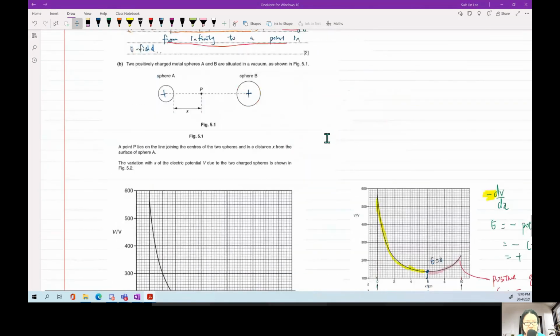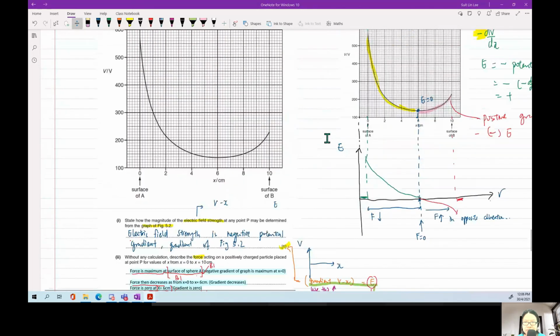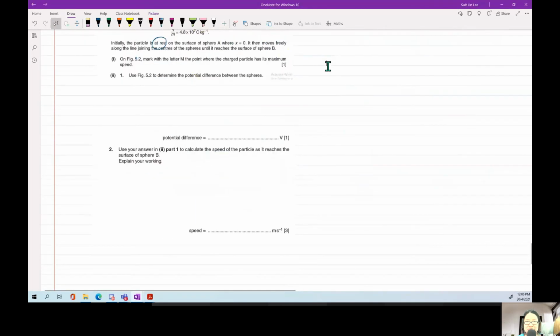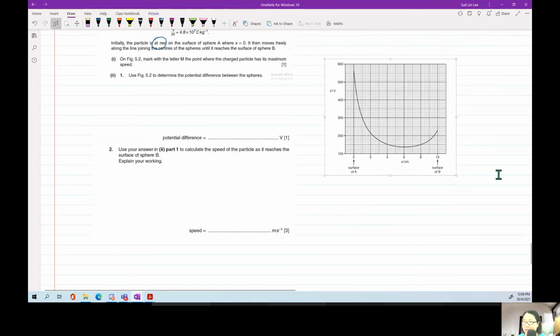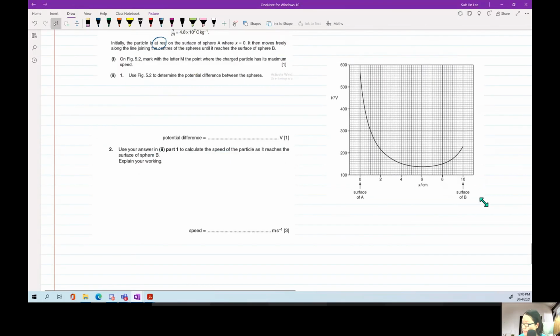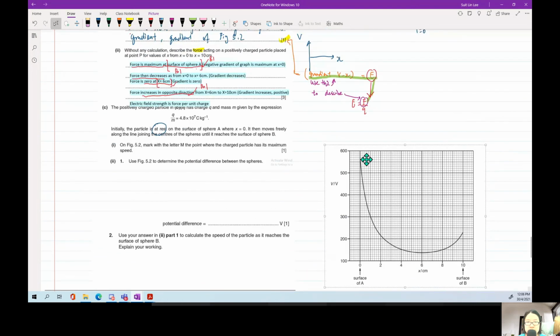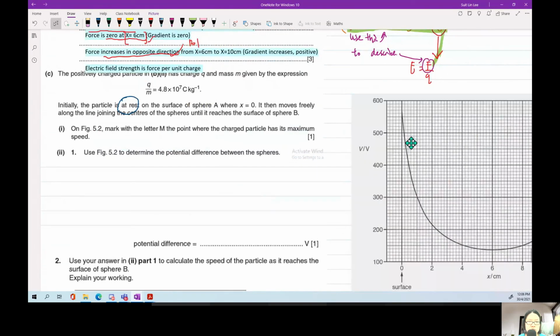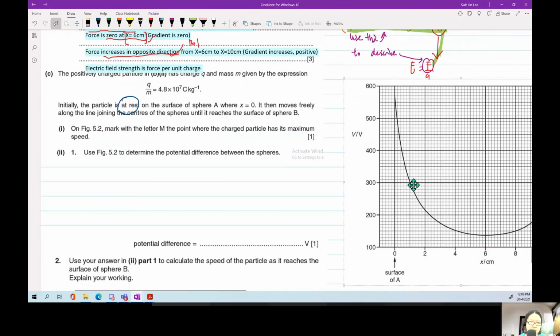I'm going to copy this diagram here and draw this one. We want to be able to mark point M where the charged particle has maximum speed.